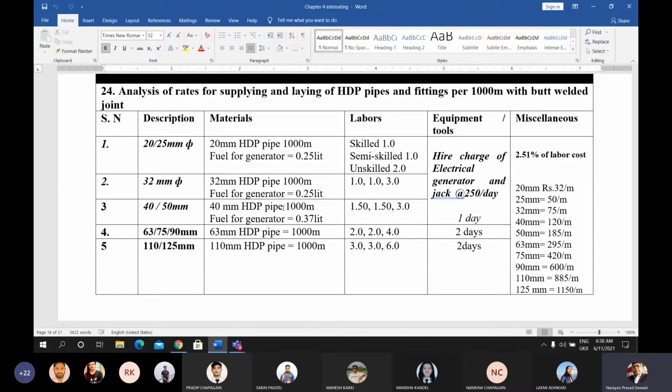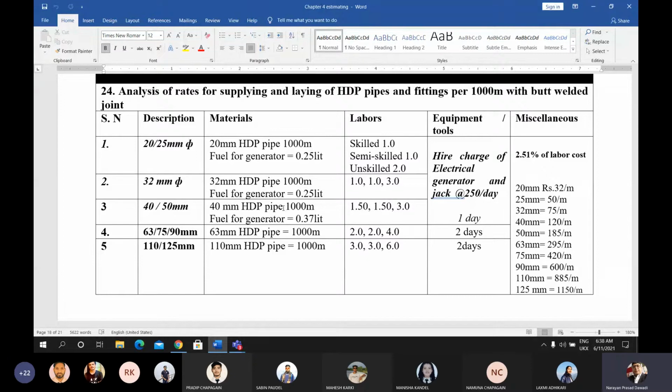Polythene pipe is available from small diameter to larger diameter. It may be available as 20 to 25 diameter, 32, 40, 50, 63, 75, 90 mm, 110 and 125 mm, and even larger diameters are available in the market.